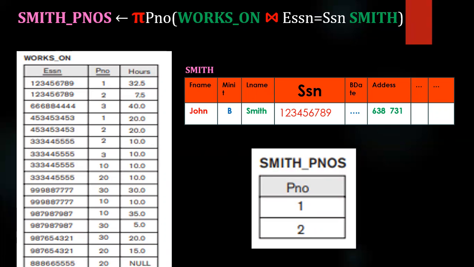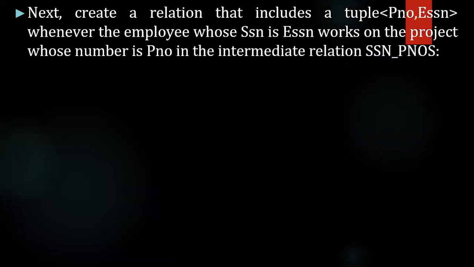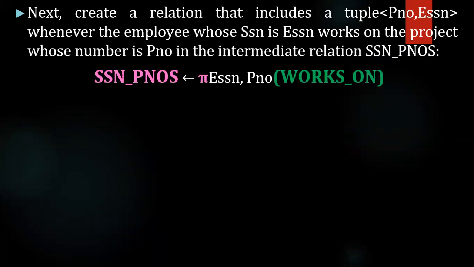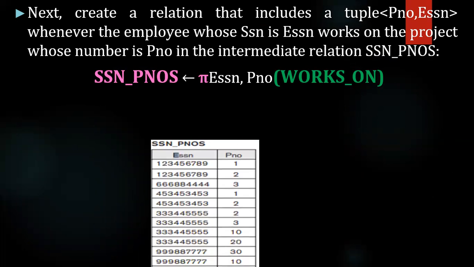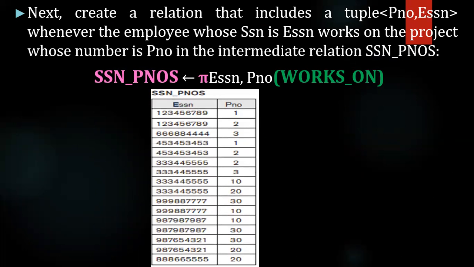After finding the projects where John Smith is working, now we need to find the employees who are working on all the projects handled by Smith, meaning the employees who work on project numbers 1 and 2. For that, from the works on table I have extracted only two columns, ESSN and P number, and kept them in SSN_P_numbers.